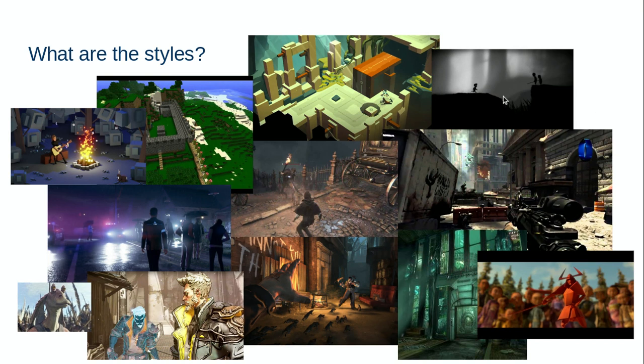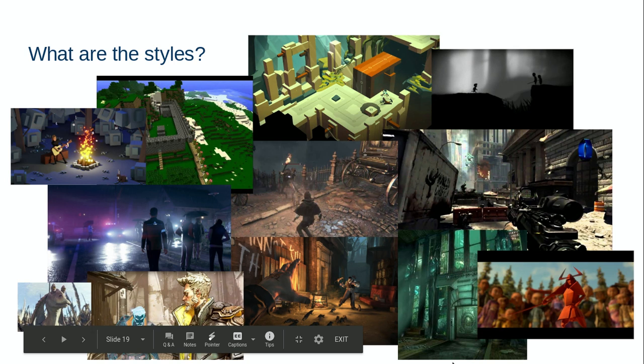From film noir in Limbo here to that kind of dark gothic style of games like Bloodborne, low poly mobile games like Lara Croft Go, that retro pixel art style of Minecraft that you guys are so familiar with, or the realistic cinematic style of games like Detroit Become Human or Heavy Rain or Call of Duty, or games like BioShock, which borrow directly from fine art movements like Art Deco, the painterly oil paint kind of aesthetic that's going on in Dishonored, or the illustrative, more comic booky look of Borderlands.